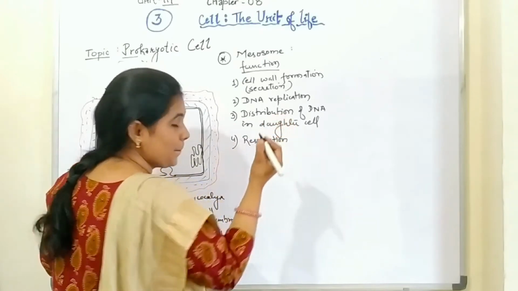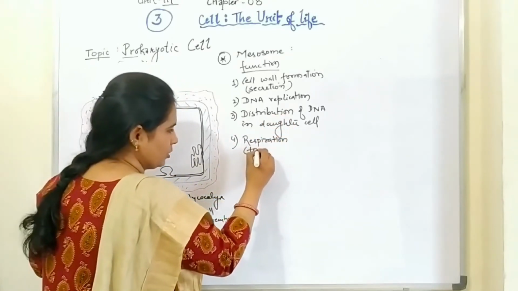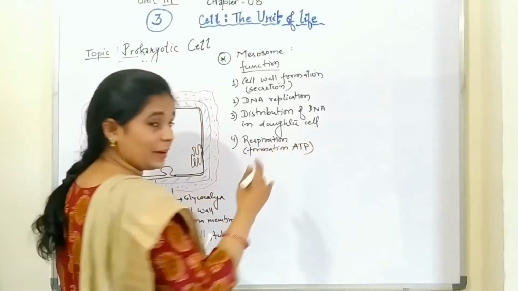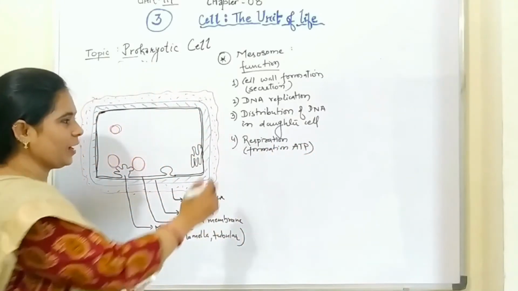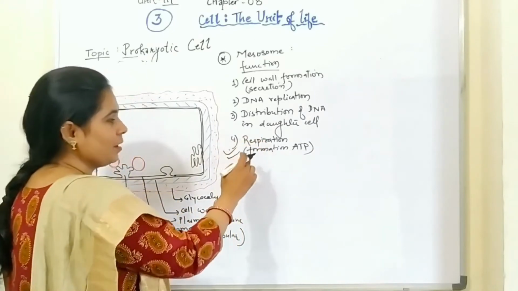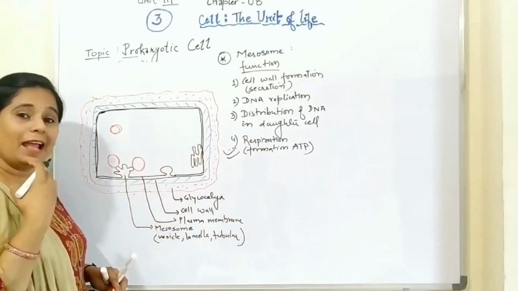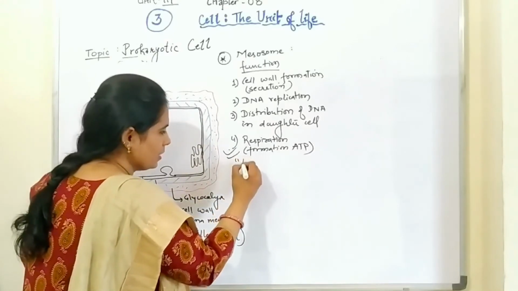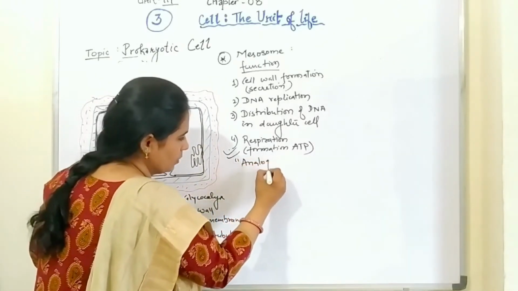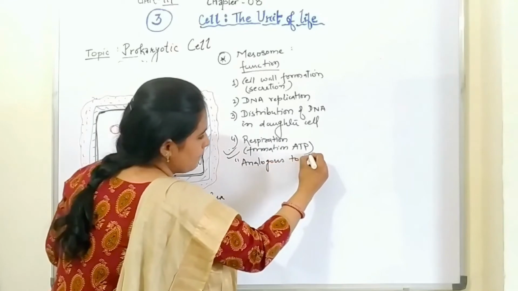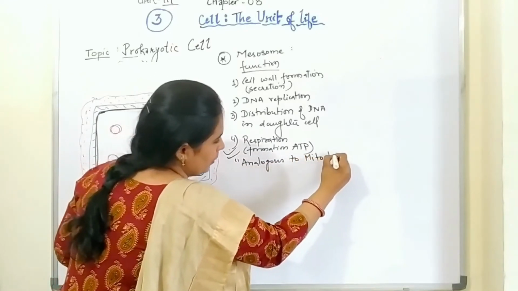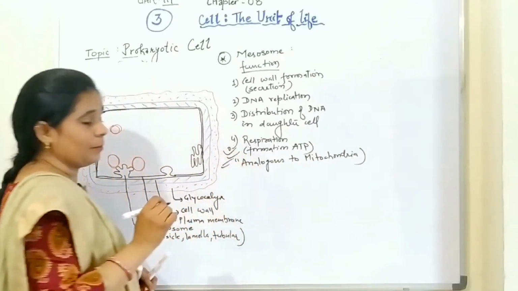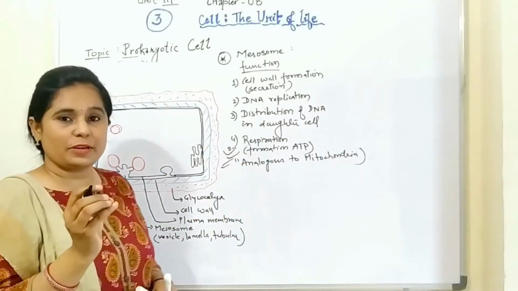respiration. Means formation of ATP, cellular respiration, जो आप 10th standard में पढ़ चुके हैं. So it helps in respiration. It helps in formation of ATP. That is why it is analogous to mitochondria. Very important question for NEET.